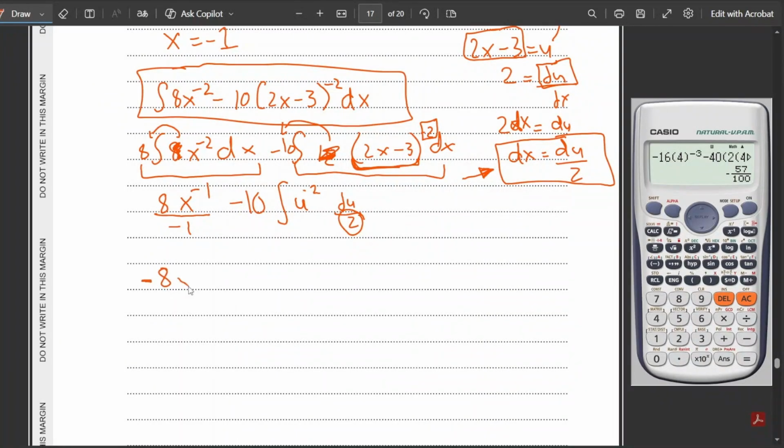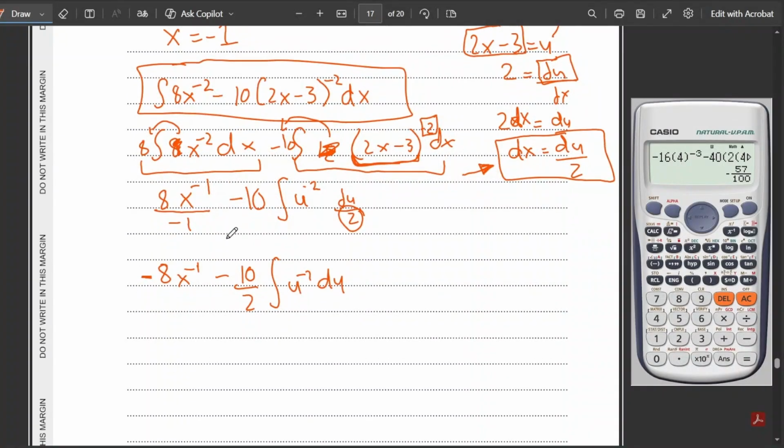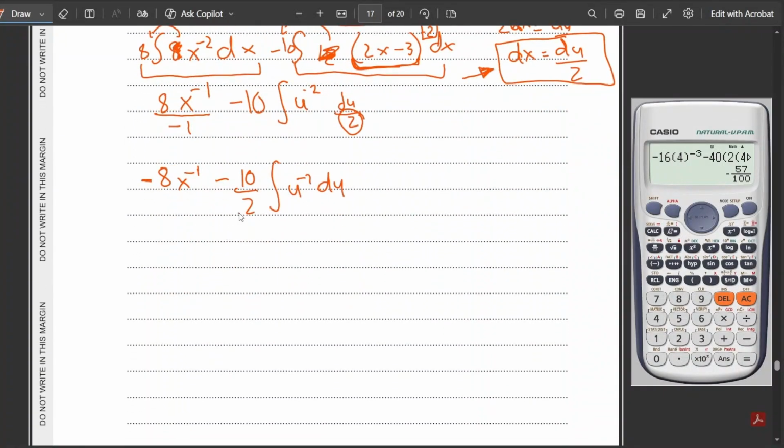So I can simplify this part into negative 8x raised to the power negative 1. And over here, I'm going to get negative 10 divided by 2 integral u to the power of minus 2 du. So if I integrate this, first of all, this is going to be 5. So I get negative 8 over x, negative 5 times the integral of u to the power of minus 2. So what's the integration of this? It's going to be u to the power of minus 1 over minus 1.